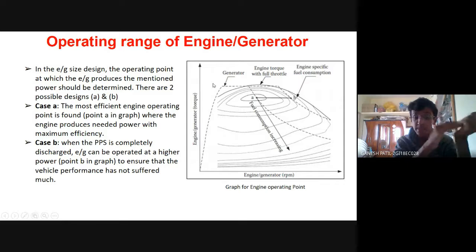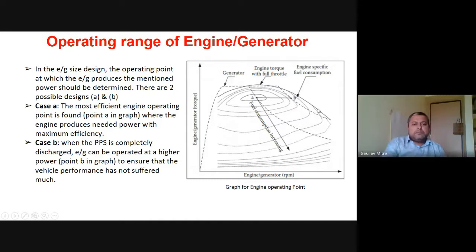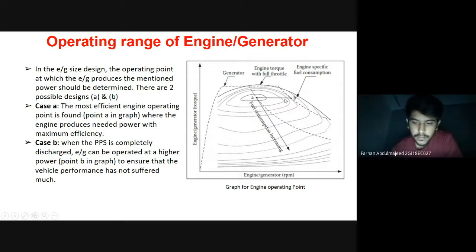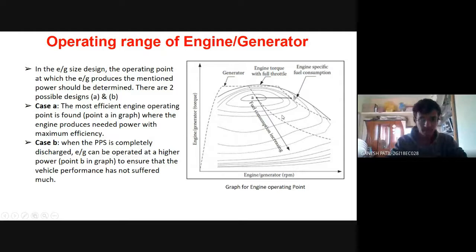So at that time, the engine has to push its limits and go out of the optimal zone. And we can see point B, where the fuel consumption obviously increases, but the requirements are satisfied.